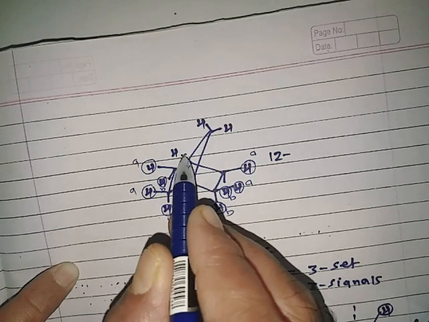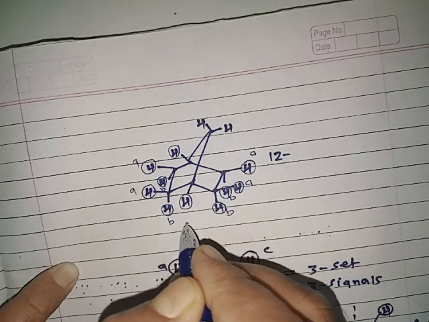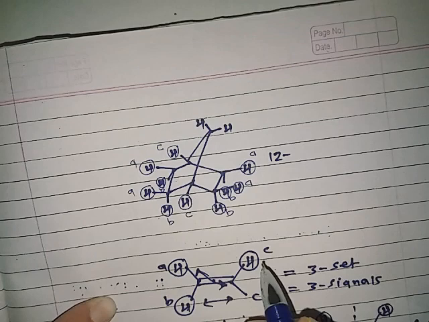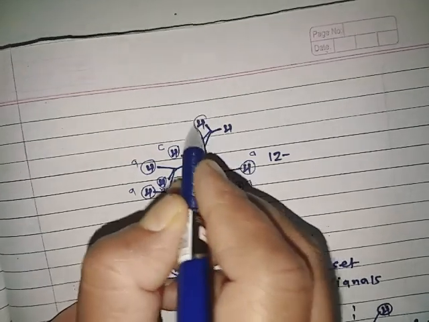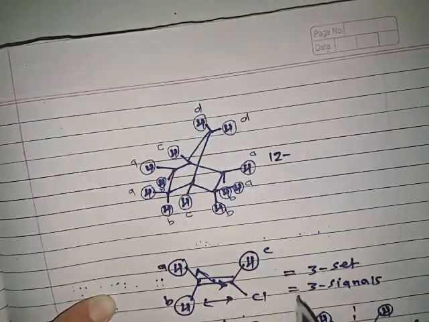Now again these two protons are in the same chemical environment, therefore these are denoted by C type of protons, and these two protons are again identical in environment, therefore they are denoted as D protons.